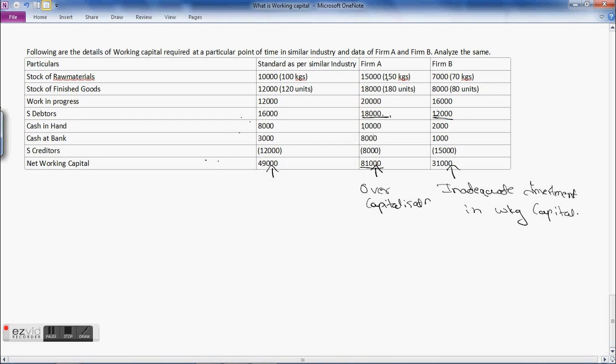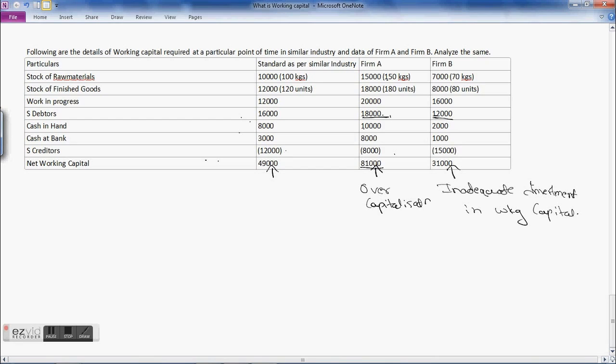So firm A is quite conservative. It keeps higher cash balance, higher bank balance, higher stock of goods. So it is doing a lot of overcapitalization and misusing its resources. Whereas firm B is keeping very little cash at bank at this point of time, so it may affect its day-to-day expenses also.